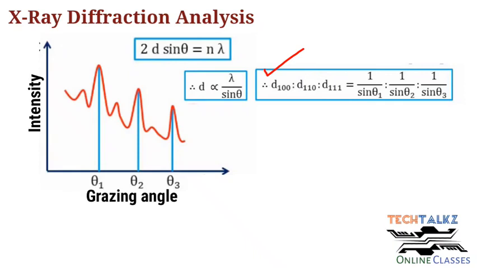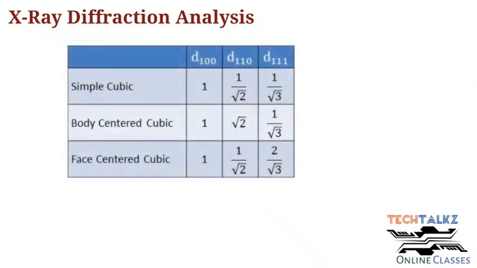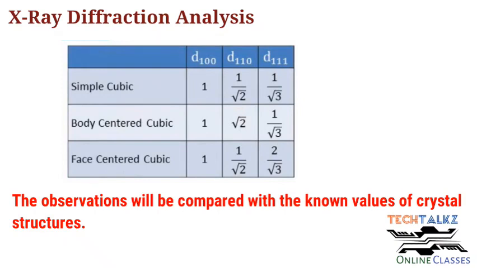Now we can compare this result with the known ratios of different crystal structures. Here I have taken three known crystal structures and their corresponding values. If our observed values match any of these known values, we can predict the crystal structure of the sample. So this is the basic working principle of the X-ray diffractometer.